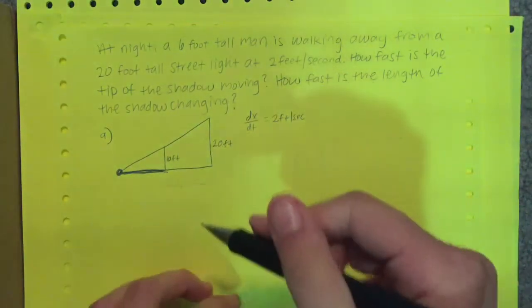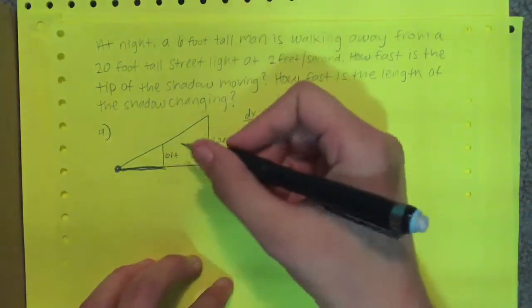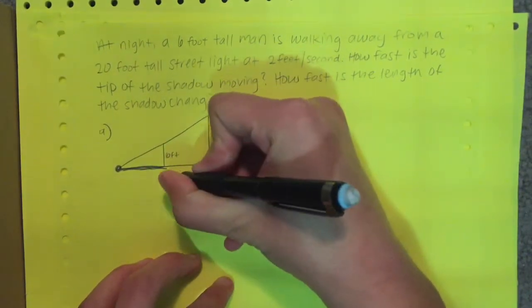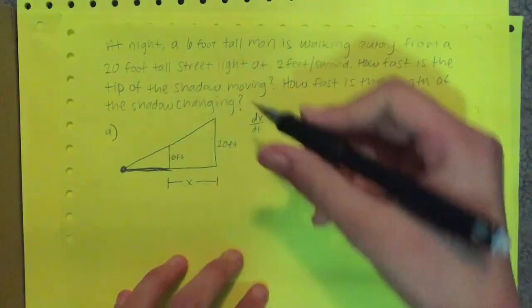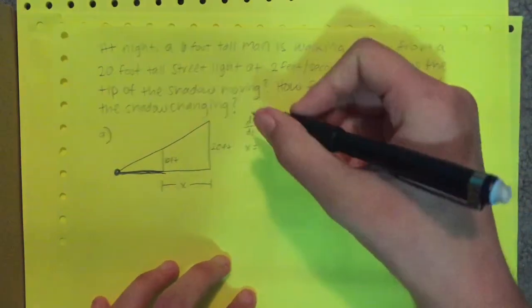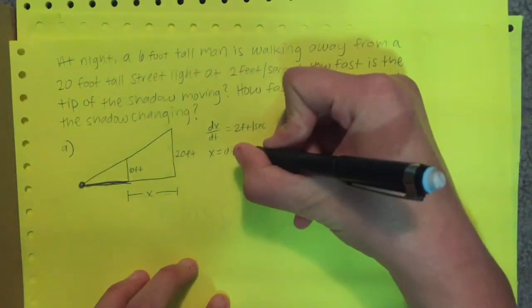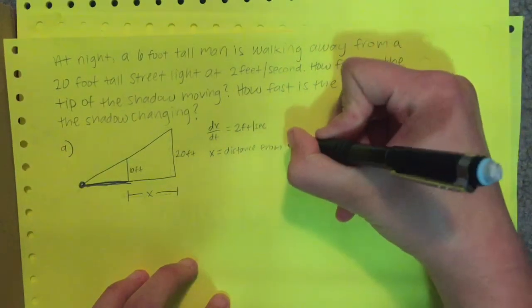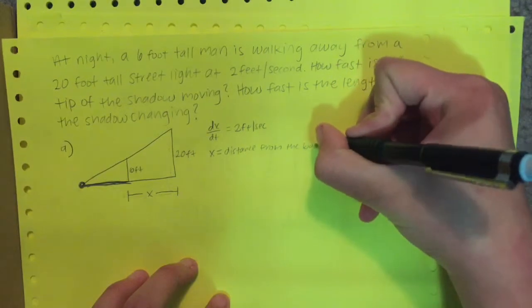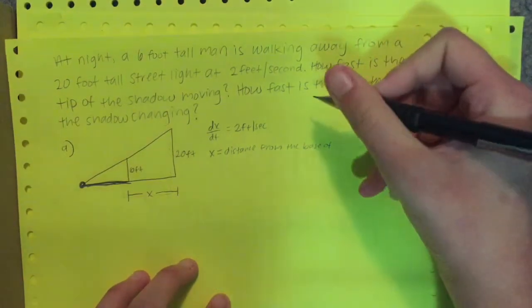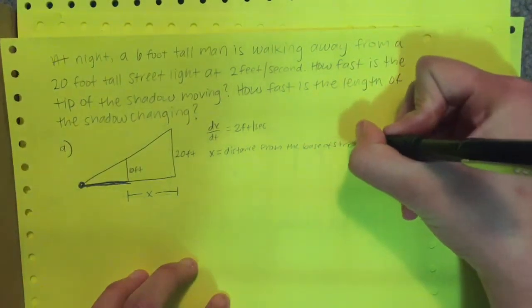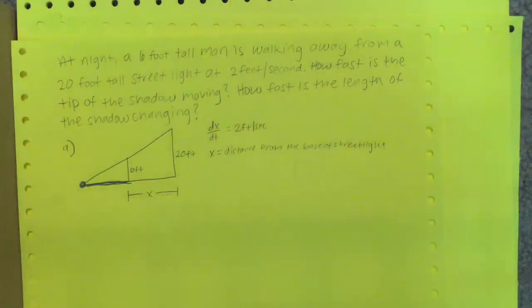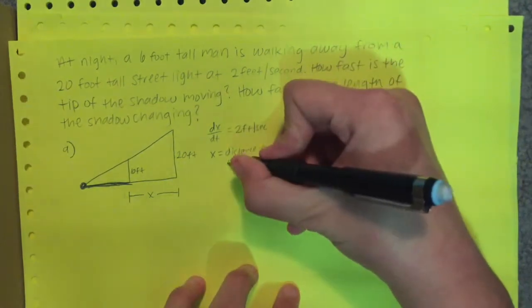Let's call this distance x, where x equals the distance from the base of the streetlight to the man.